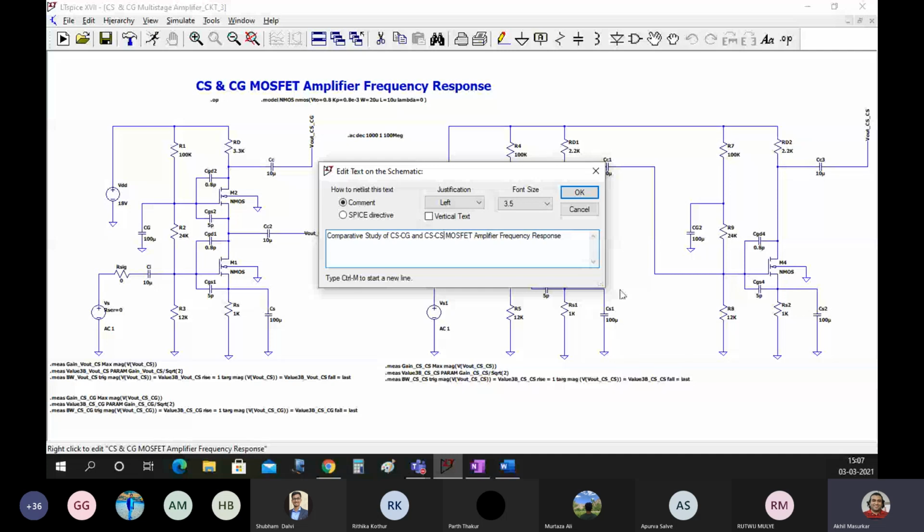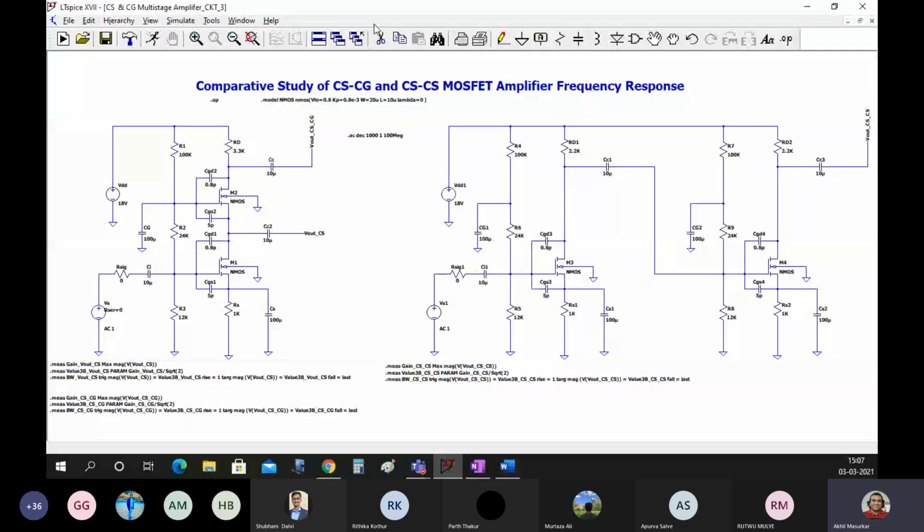Now, what are we going to compare? What I did is, we have already done a CS amplifier.